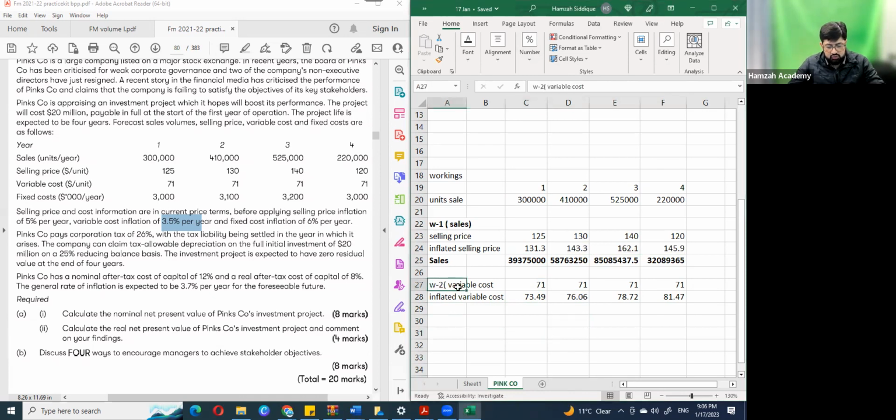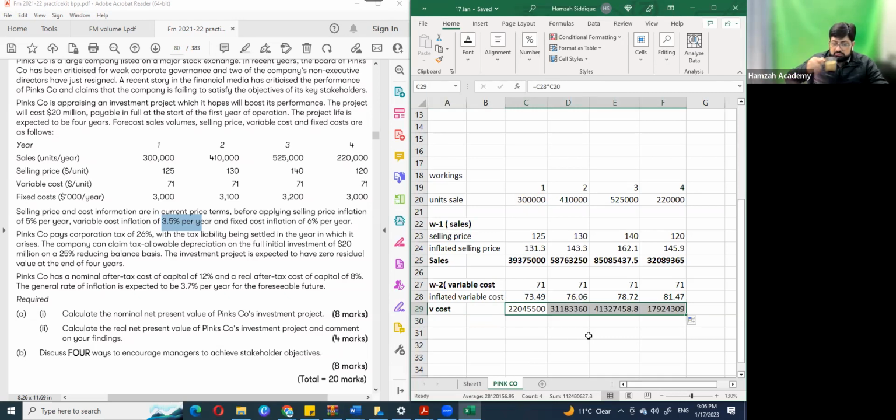So working two, variable cost. Total variable cost is per unit cost multiplied by number of units. Here we go.